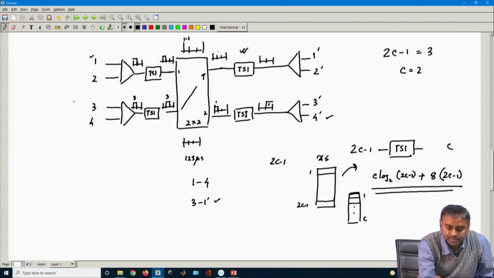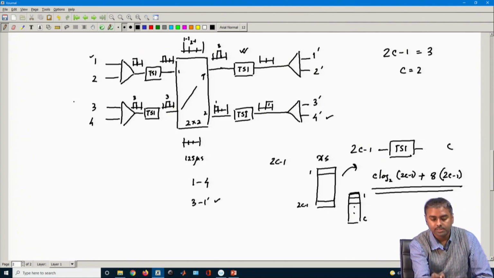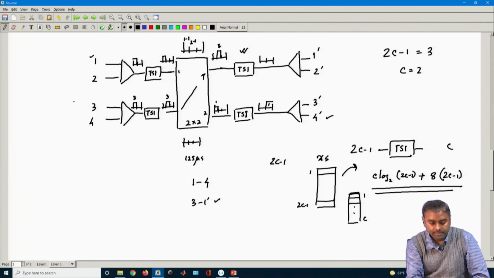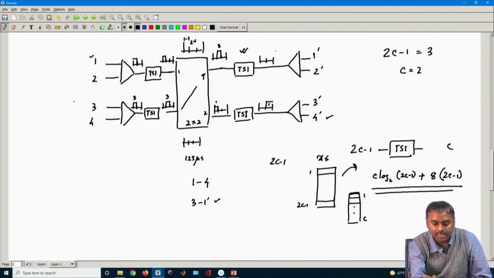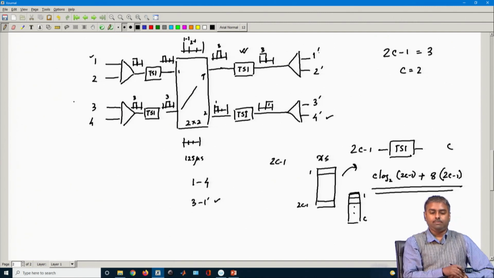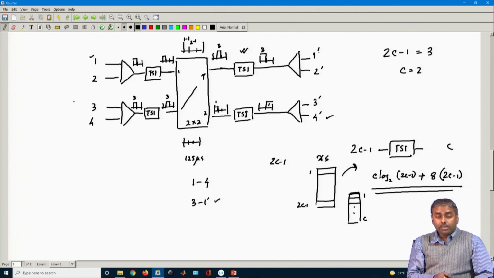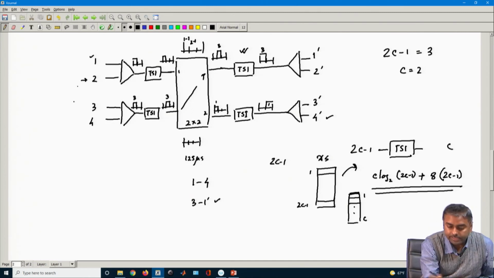It will come in the second slot because the space switch cannot swap time. So, I have to do 2 to 1 connectivity in the second slot, because only in the second slot I can push this data to this 3 to 1 dash. So, again this has to be swapped and I put it over here, that will go out from this one. Now, suppose I want to give this connectivity 2 to 2 dash.